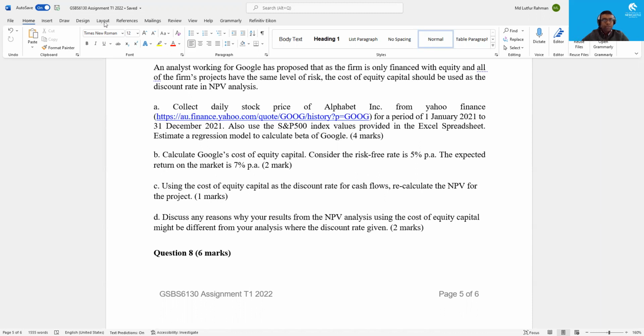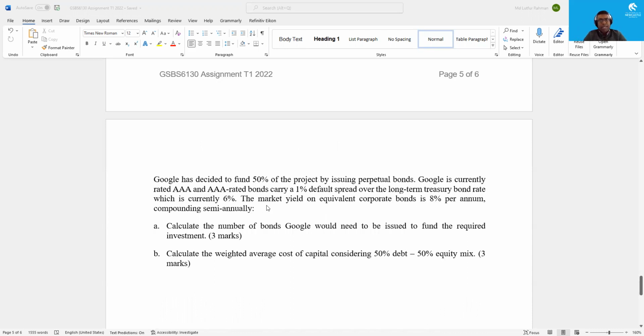And the last one is question number 8. Many of you struggled a bit with question number 8, but later most of you did it correctly. Google has decided to fund 50% of the project by issuing perpetual bonds, and Google is currently rated AAA. AAA rated bonds carry 1% default spread.